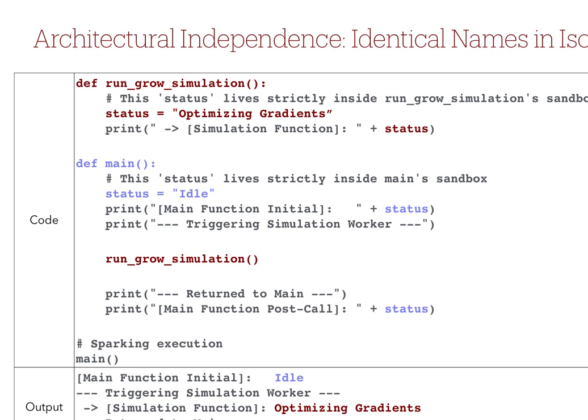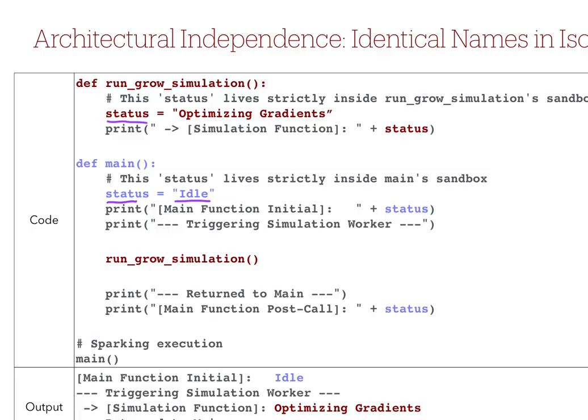So, as I said, in one function, you can have a variable, say, status, with some statement. In another function, you may have the same variable with a different value. Within this run grow simulation function, the status has the value of optimizing gradients.